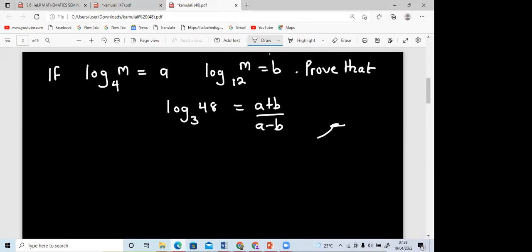Good evening, everyone. So what I did, I don't know if I'm clear. They told us to prove that log 3 of 48 is equal to that. Am I clear? I will go on.